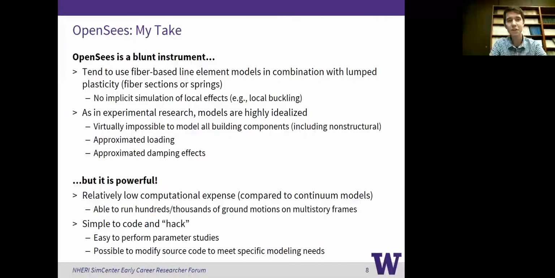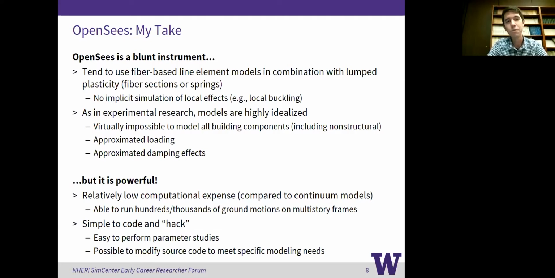So my take on OpenSees is that it's really a blunt instrument. We tend to use, in structural engineering at least, fiber-based line element models, sometimes in combination with lumped plasticity, whether they're zero-length fiber sections or springs. And I say it's a blunt instrument because, well, it's kind of imprecise in that matter.